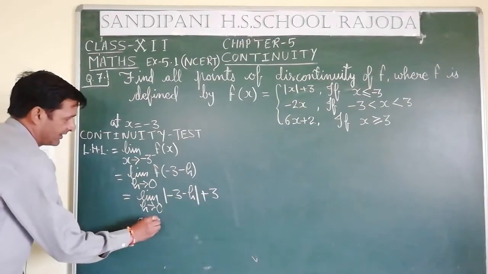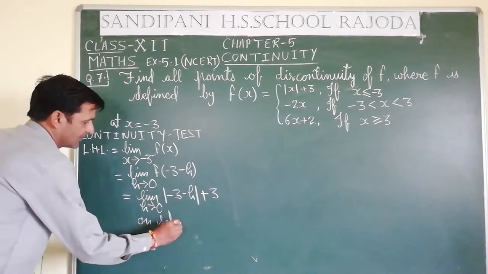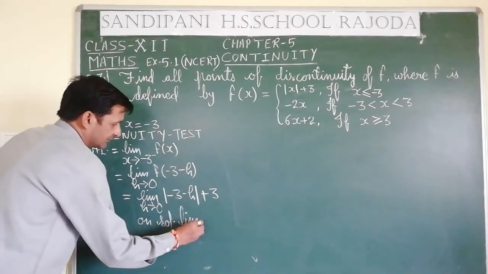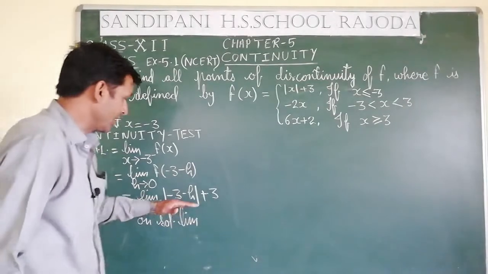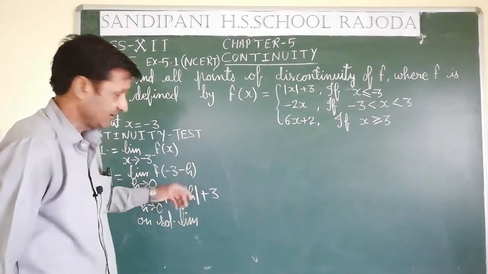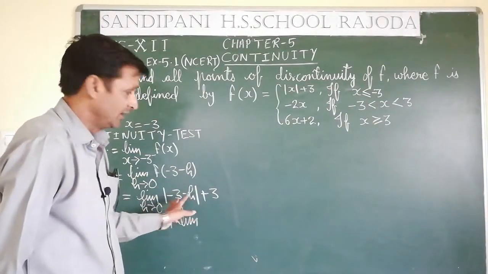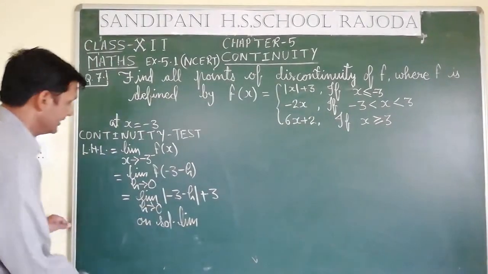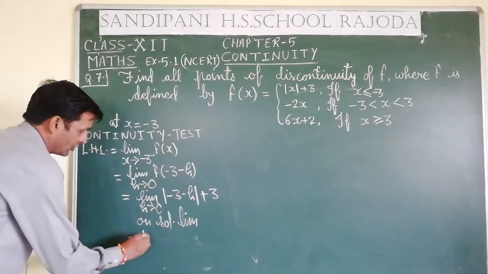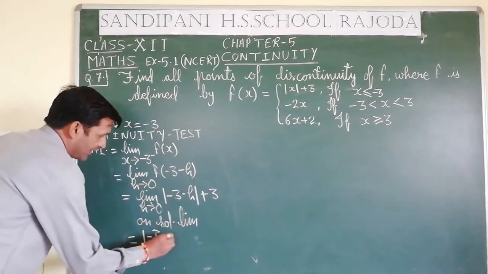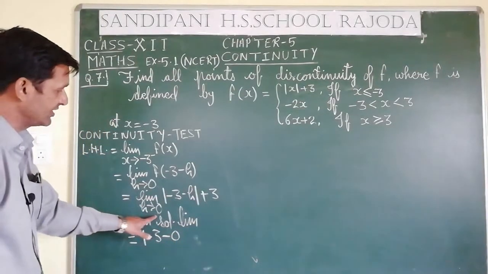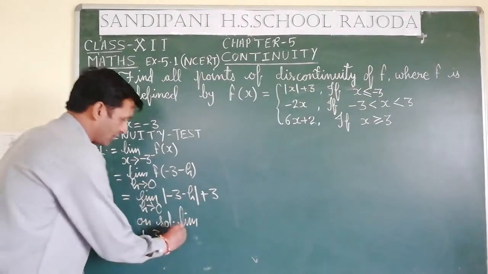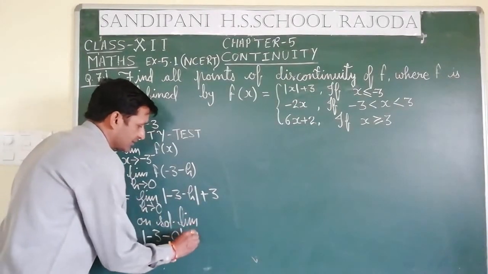On solving the limit, as you know very well, the value mentioned in the mod always becomes positive when we take it out of the modulus sign. Then it will be, in modulus, minus 3 minus 0, because we put h is 0 as we are solving the limit, plus 3.